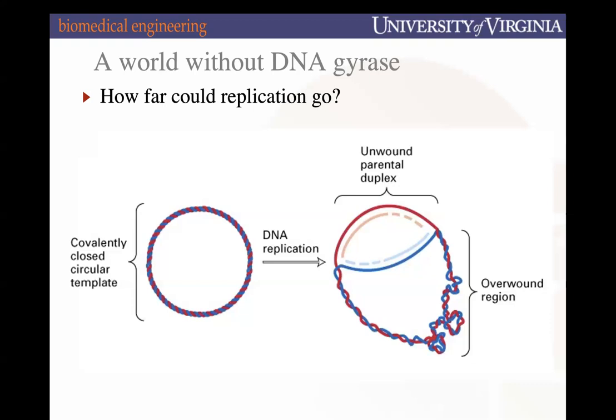Oh, and before I forget, there was a question last class about why prokaryotes have a gyrase that sometimes melts DNA. Does that sound familiar? Basically, it's because there's one origin of replication for prokaryotes, whereas we have many.